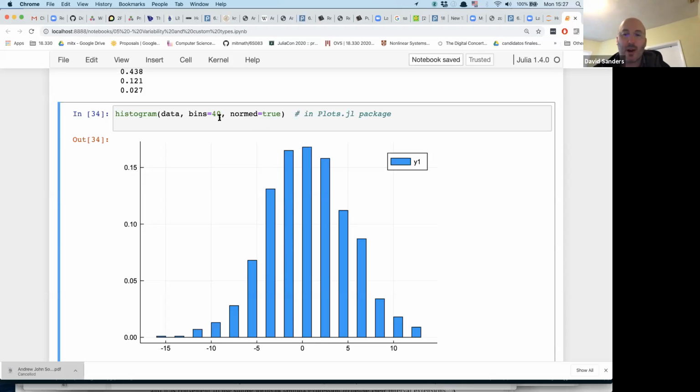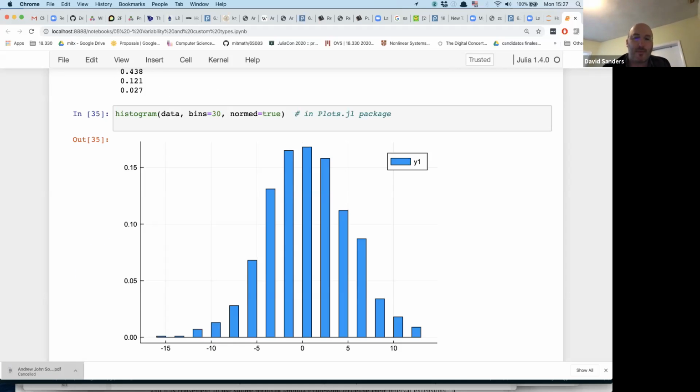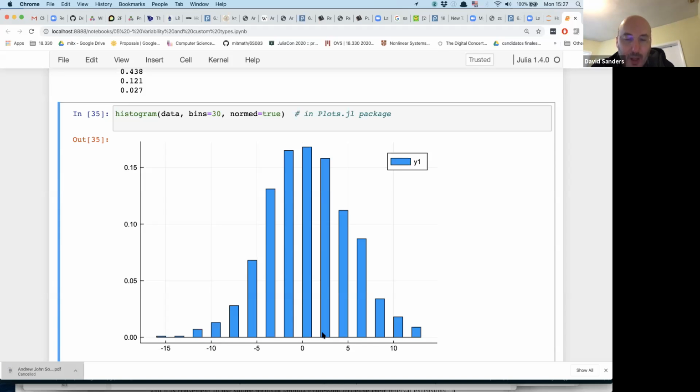Actually, it's not quite right. But it goes to 3, 4, 5. Oh, yes, right. Yeah, from 0 to 1. So that's all the ones with value 0. So yeah, it's a bit annoying that it's shifted. It's not exactly over the 0. Whatever. Let's not worry about it too much.